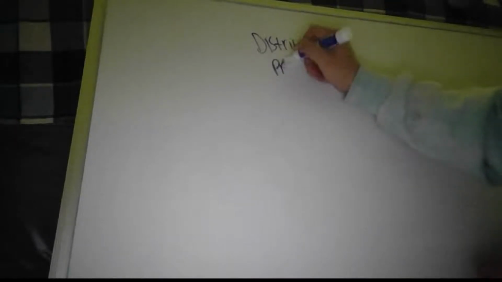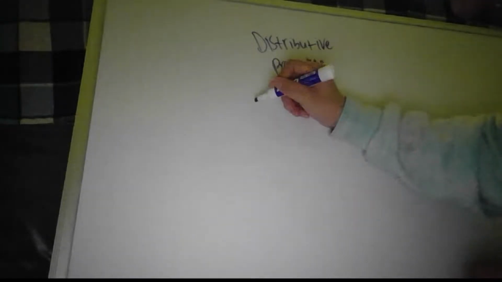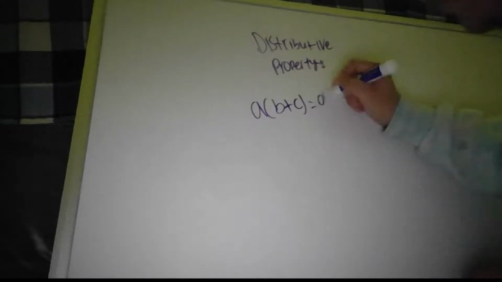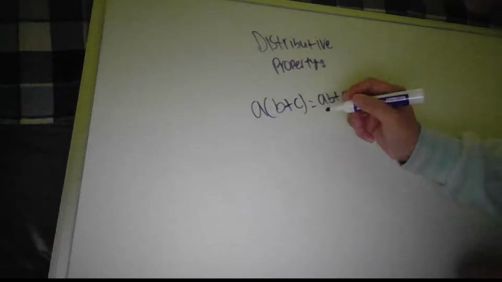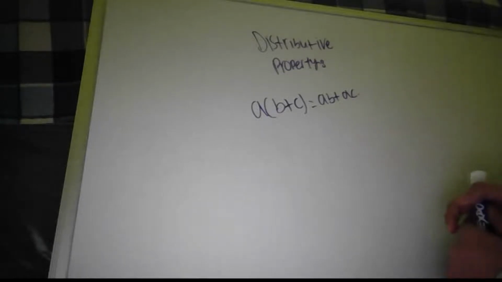So then they teach you distributive property. Distributive property says A times B plus C equals AB plus AC. That's the rule.